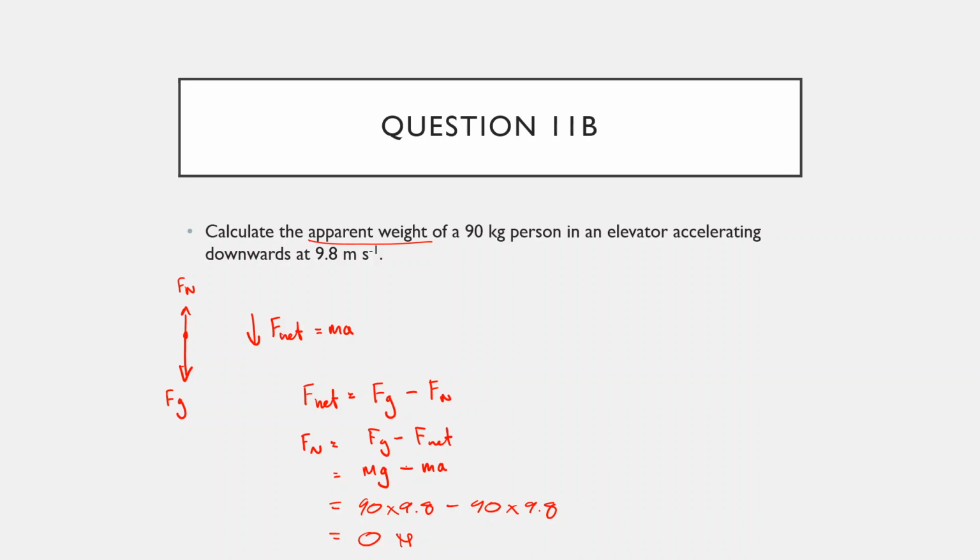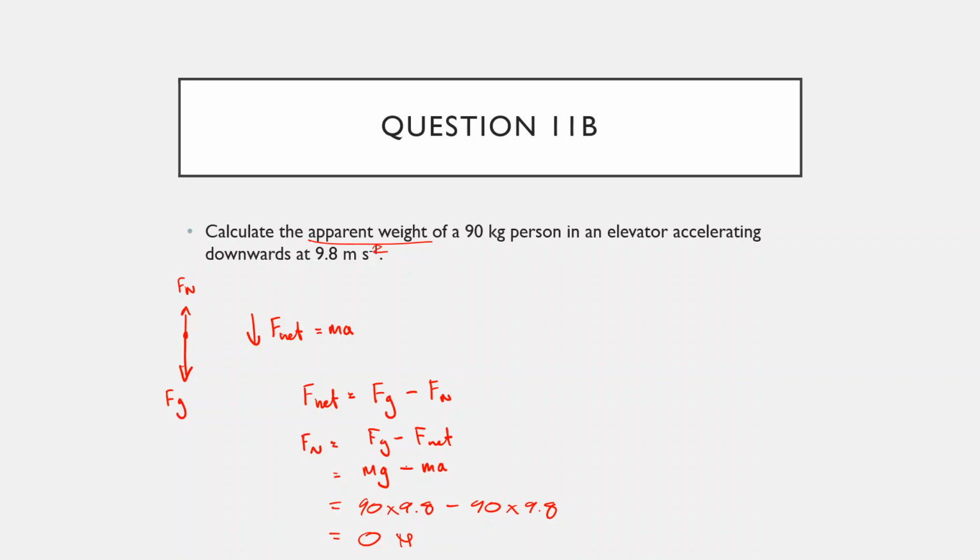Now think about why that would be for a second. If the elevator is accelerating downwards at 9.8 meters per second squared, but the acceleration due to gravity is already 9.8 meters per second squared, then whether or not the elevator is actually there, the person is still going to accelerate downwards at 9.8 meters per second squared.